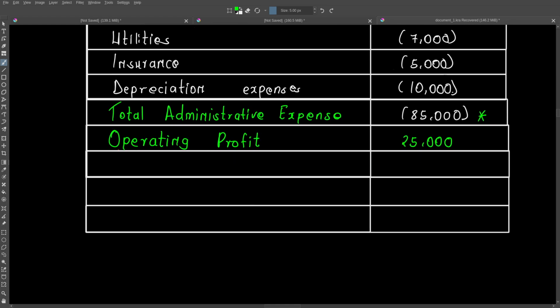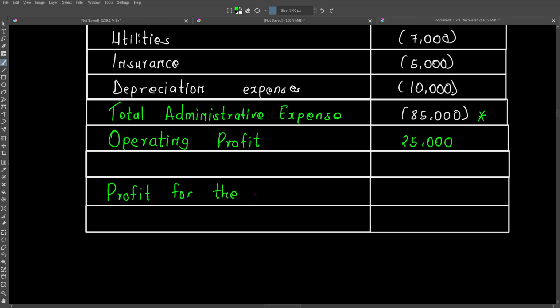If we had tax, this is where we include income tax expense, okay? So we are able to get now the profit after tax, okay? In our case, we've not been given any further details on tax, okay? So this is going to be basically our profit for the year.